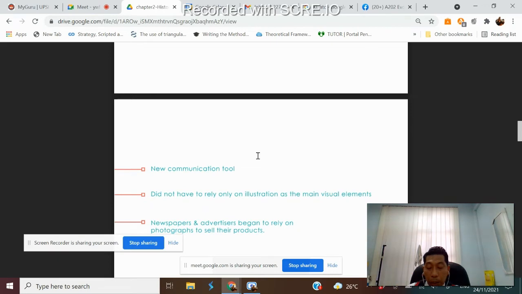Even though the files are very big, today you have no problem transferring the files. You can transfer files using thumb drive, external hard disk, and all that.